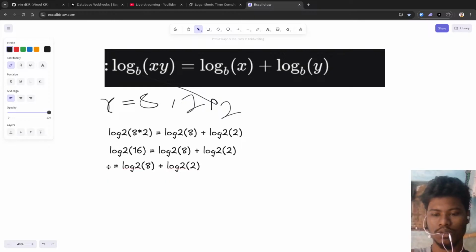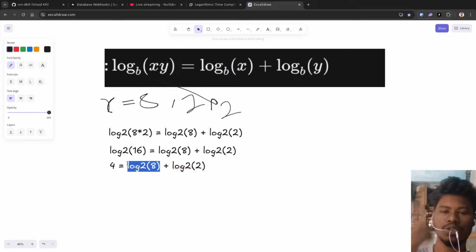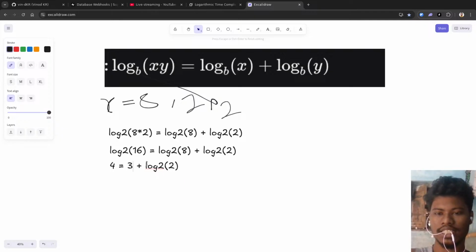That means 4. And then log 2 of 8 is 3, and log 2 of 2 is 1, since if we keep the power on the base 2 as 1, then we get 2. So 3 plus 1 is 4. Yep.